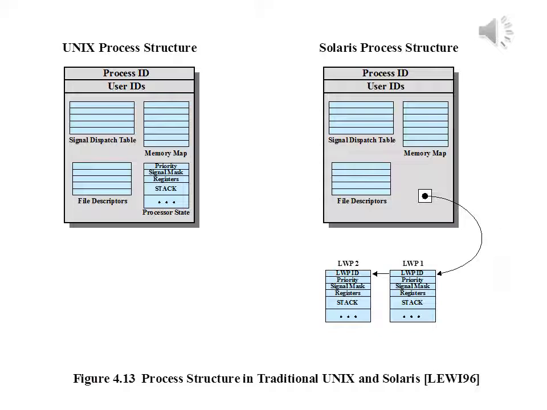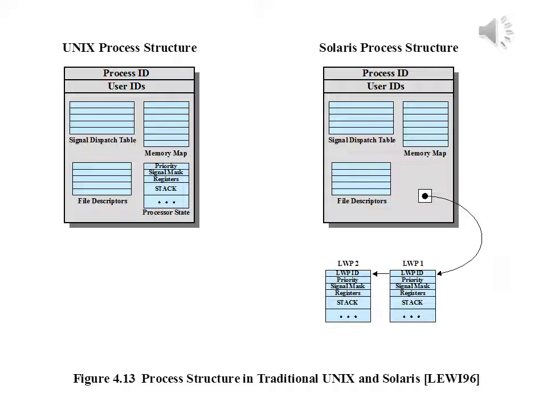On a typical Unix implementation, the process structure includes the process ID, the user IDs, a signal dispatch table, which the kernel uses to decide what to do when sending a signal to a process, file descriptors, which describe the state of files in use by this process, a memory map, which defines the address space for this process, and the processor state structure, which includes the kernel stack for this process.